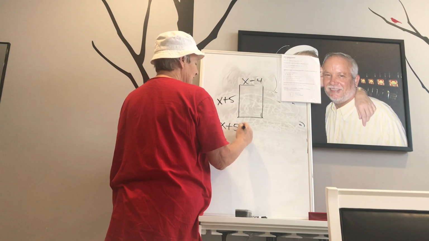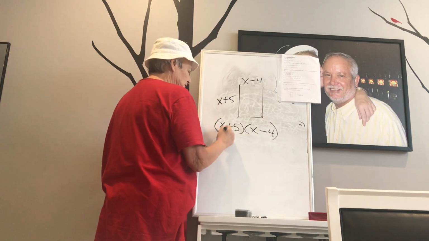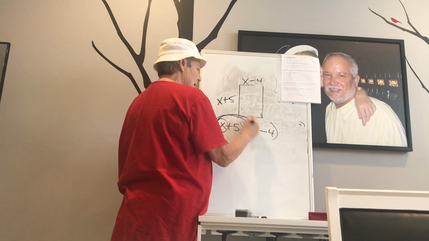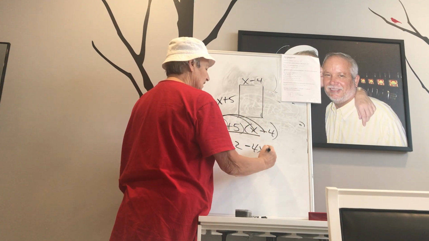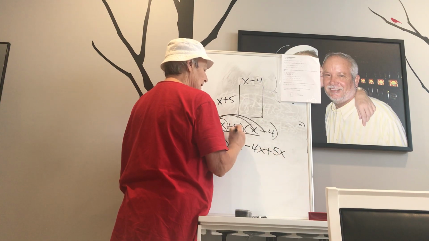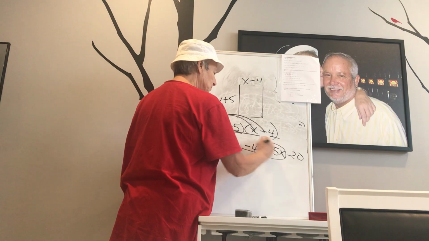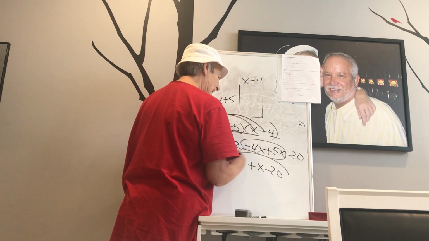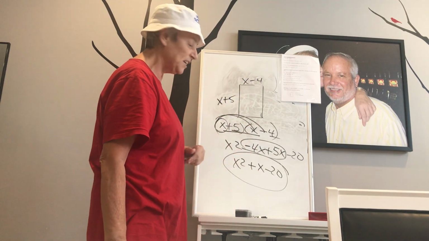X plus 5, x minus 4. Use the distributive property with x. X squared minus 4x plus 5x minus 20. Add like terms: x squared plus x minus 20. That is the area of the rectangle. Square units.